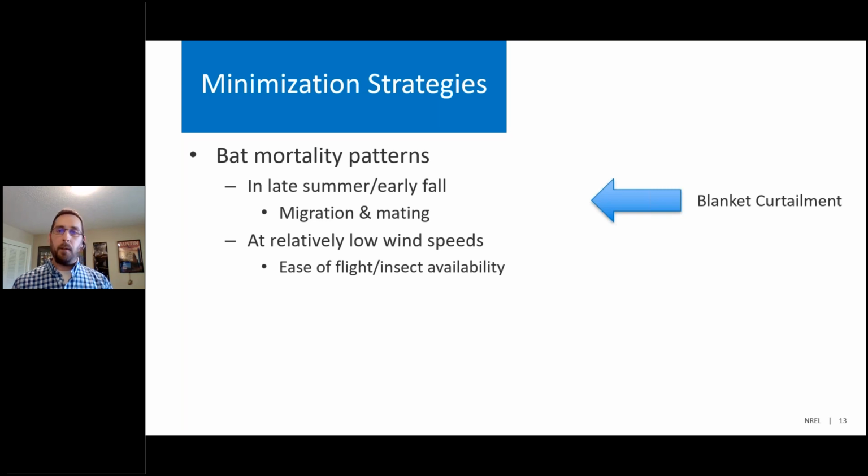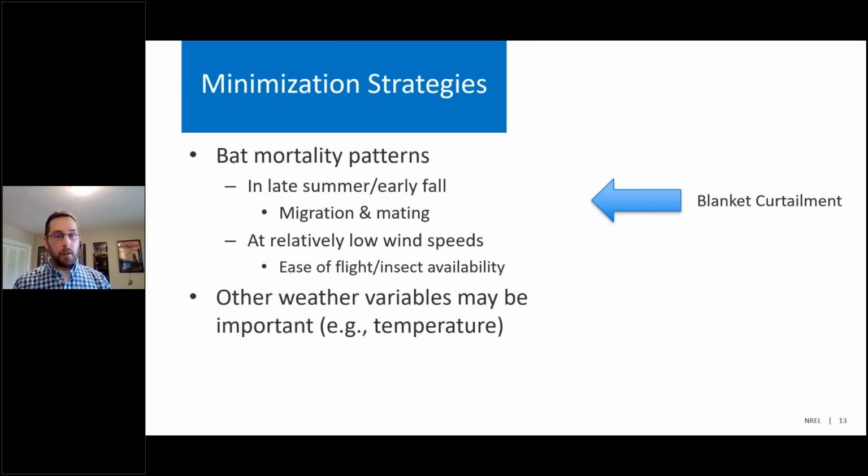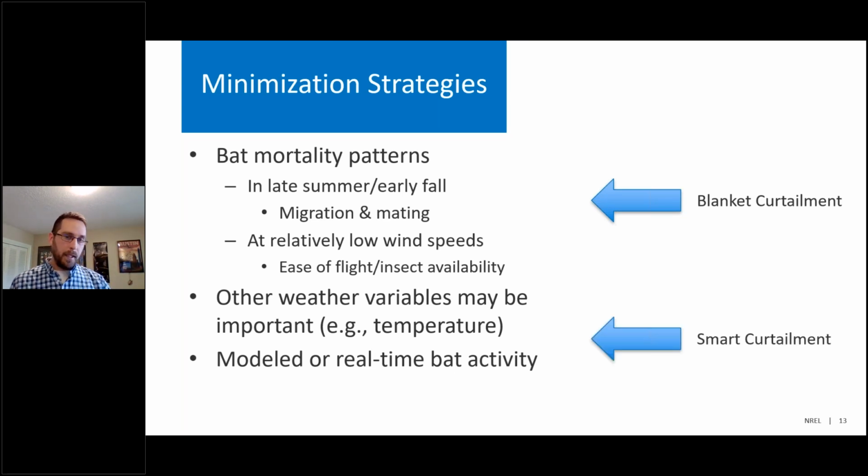And based on this information alone, we've tested a number of curtailment strategies, and this is often termed blanket curtailment, and it's shown to be successful. However, there are times when turbines are curtailed when bats are not at risk, and so we can look at other weather variables that might be important to help refine the strategy, or use modeled or real-time bat activity to inform curtailment decisions. And the addition of bat activity or other variables is commonly referred to as smart curtailment.